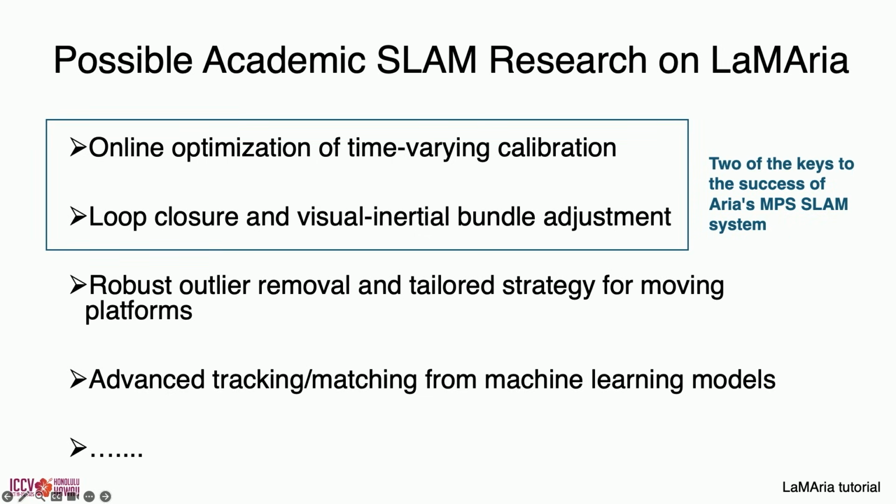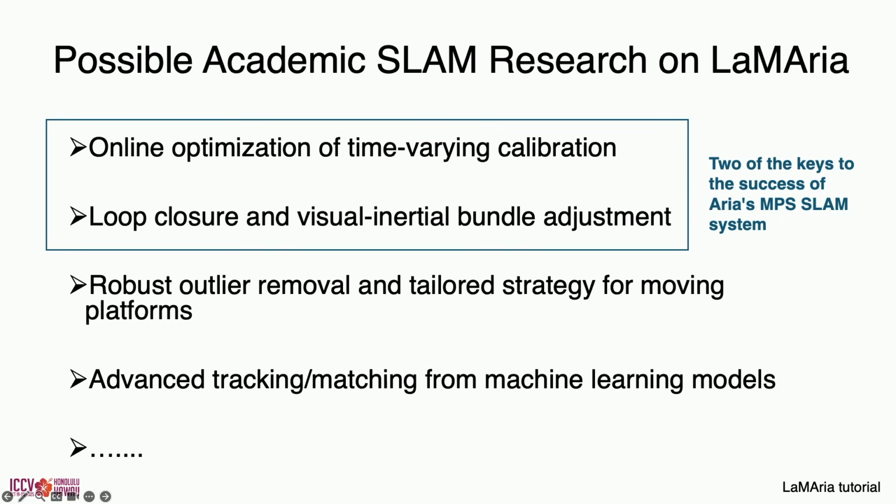Finally, to recap some possible directions which we believe are important, also from the experiments that we performed. The first one is online optimization of calibration of sensors, and also having this final visual inertial bundle adjustment, which boosts scores.